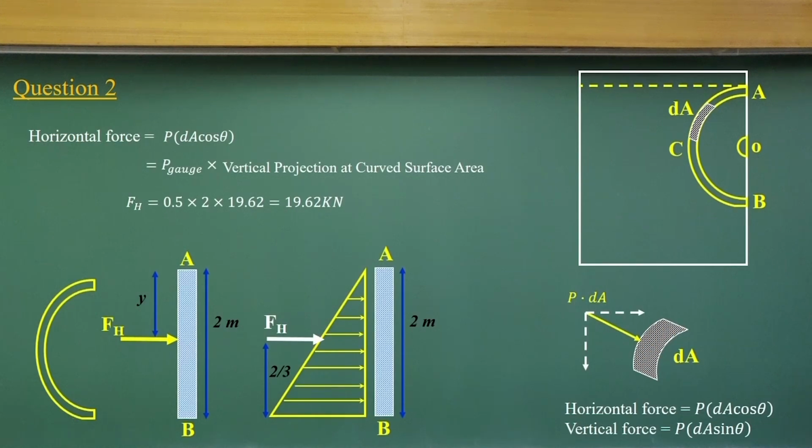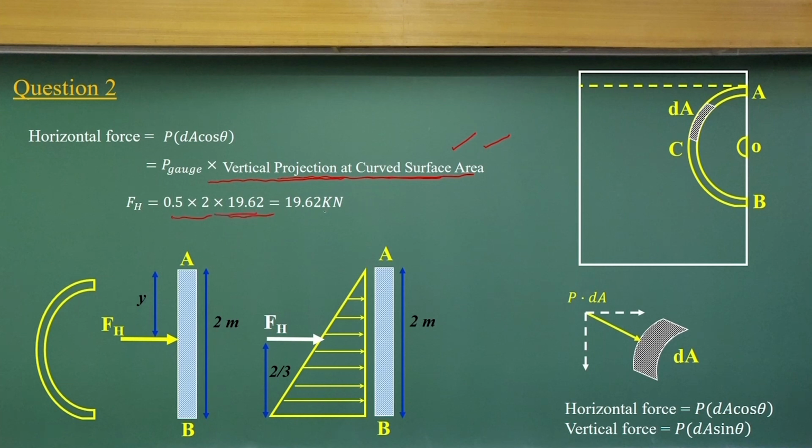Now, to compute the horizontal force: it is very easy. The force is the pressure times the vertical projection of the curved surface area. That is what we derived earlier. As the pressure distribution varies like this, we can find the pressure at the centroid location and multiply it by the vertical projected area of the curved surface.